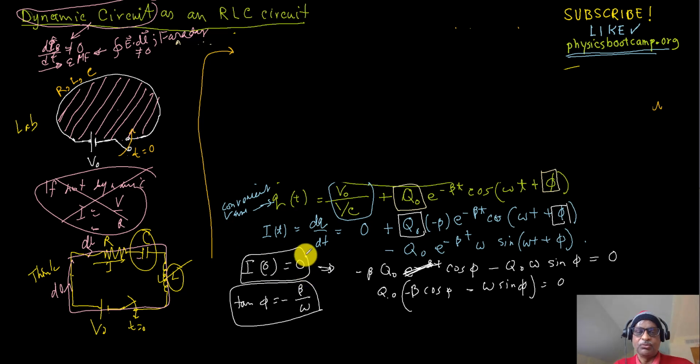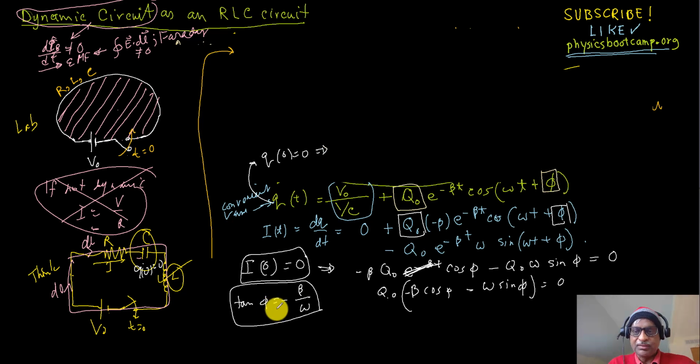What's the other condition? If you assume that this is the equivalent circuit, what's the charge at time t equals 0? The charge is also 0. So we use that q of 0 equals 0 over here. Phi is already known.